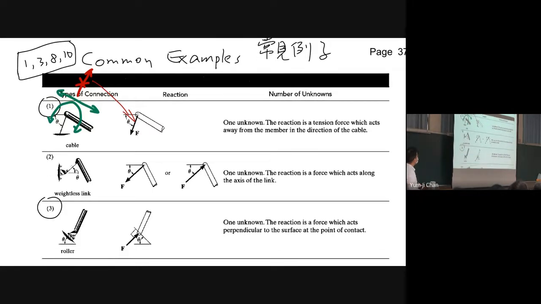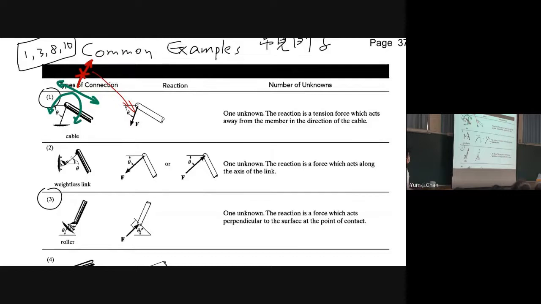Now, let's go to example 3. Example 3, we call this a roller support. This is a roller support.